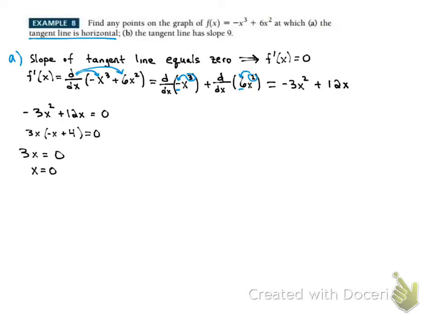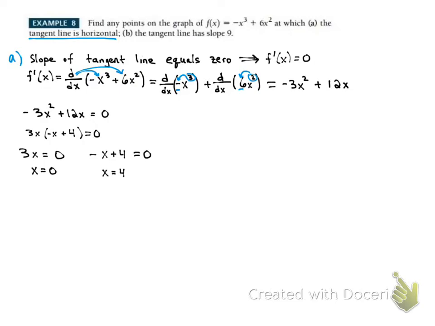So we get x equals 0, or we get x equals 4. So whenever x equals 0, or whenever x equals 4, the derivative will equal 0, or the tangent line will have a 0 slope, or the tangent line will be horizontal.